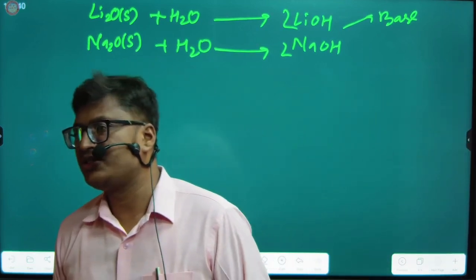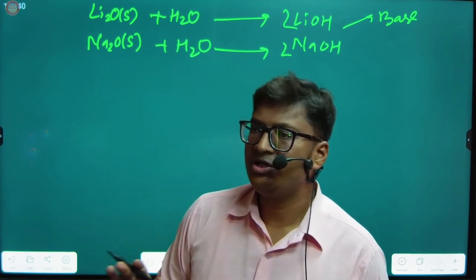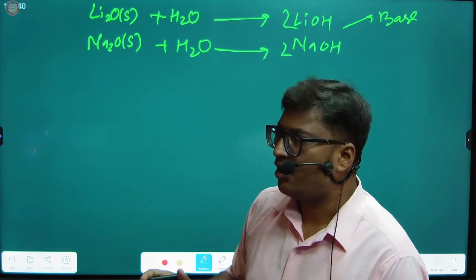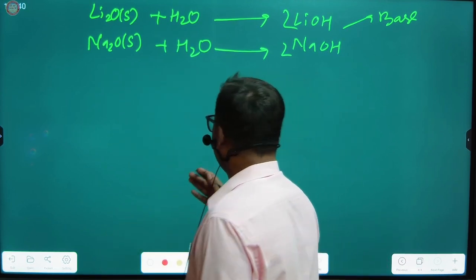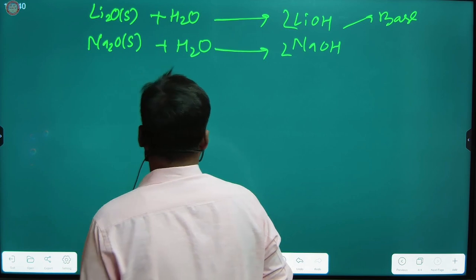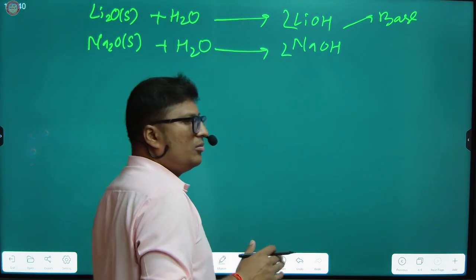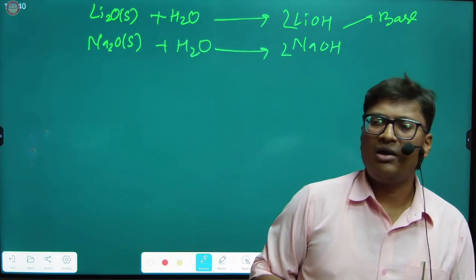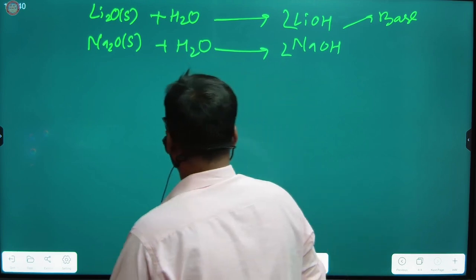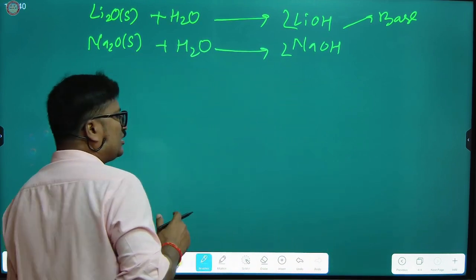Size and lattice enthalpy are the two factors that determine the stability of any metal oxide or other type of oxide. So this is the chemistry of the alkali metal monoxides, which are all basic in nature. Next, we can move towards peroxides.